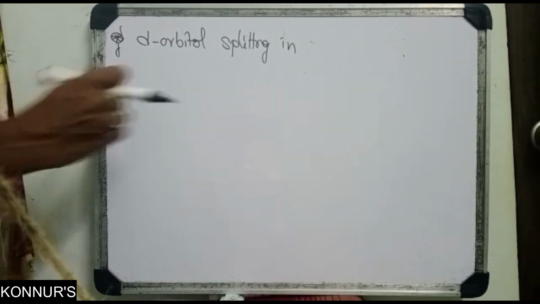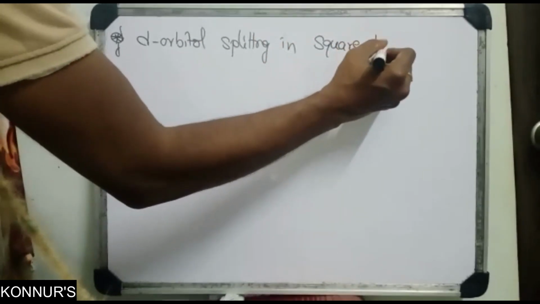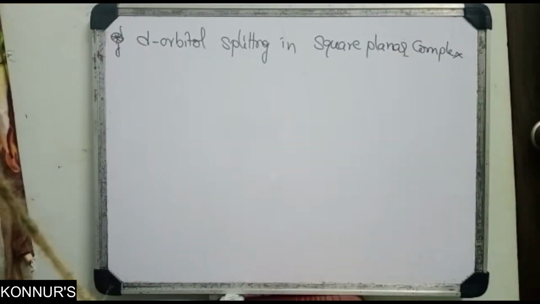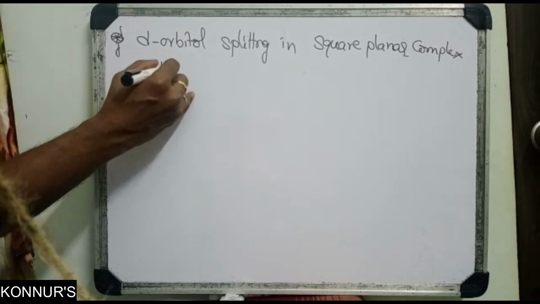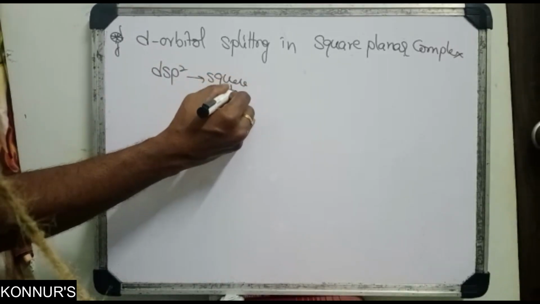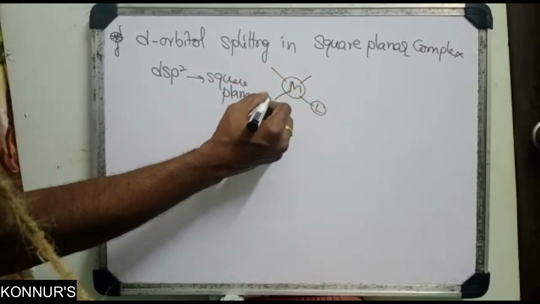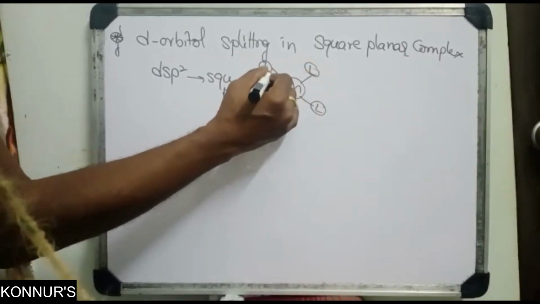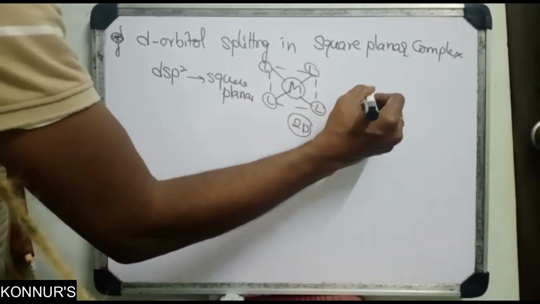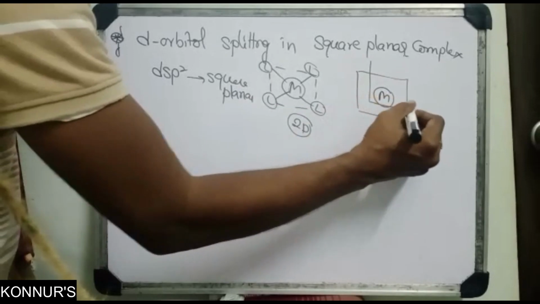Next, d-orbital splitting in square planar complex. Square planar means hybridization is dsp2. Suppose the two-dimensional structure is simply like this. This is 2D. Suppose you want to write the 3D structure, it is better to take a cubical structure.